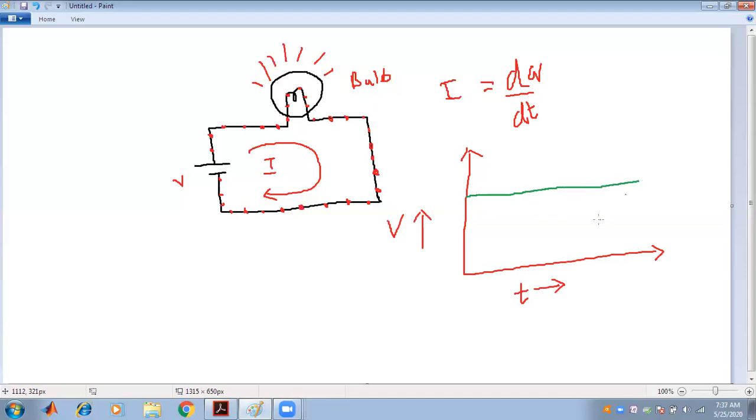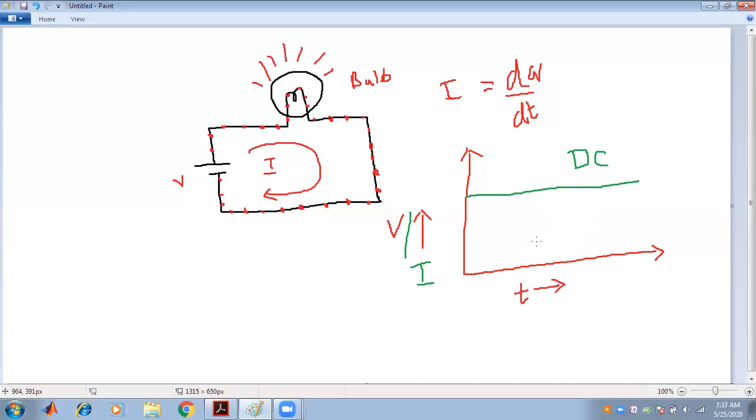This is generally known as direct voltage, or the voltage or current output. So this is called the DC, the direct current, generation: the current that we obtain is a direct one.